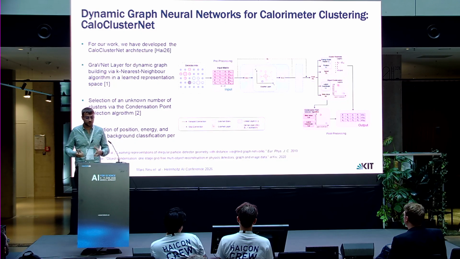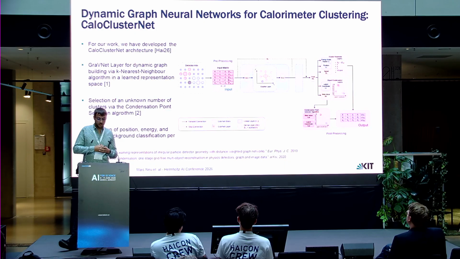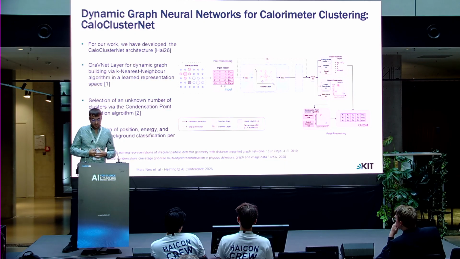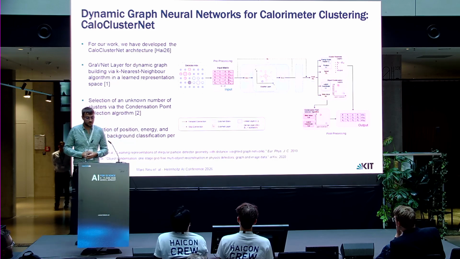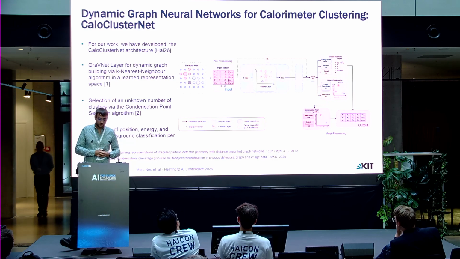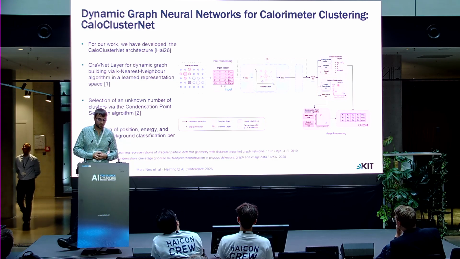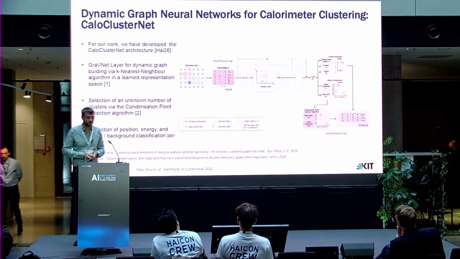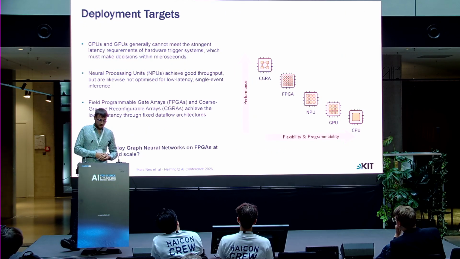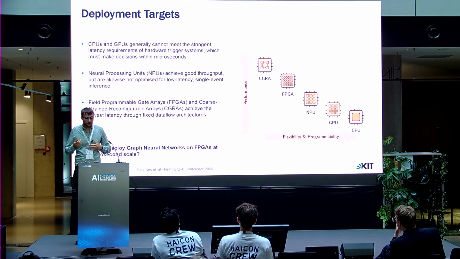As an input, we receive the position of the crystals, the energy and the time, and what we predict is the position and energy of a cluster. We also have a classifier which allows us to differentiate between a signal and a background cluster. The clustering itself is also part of the network and is done with a separate algorithm called condensation point selection. Now, as you've seen, we need to do this inference in just 1 microsecond.